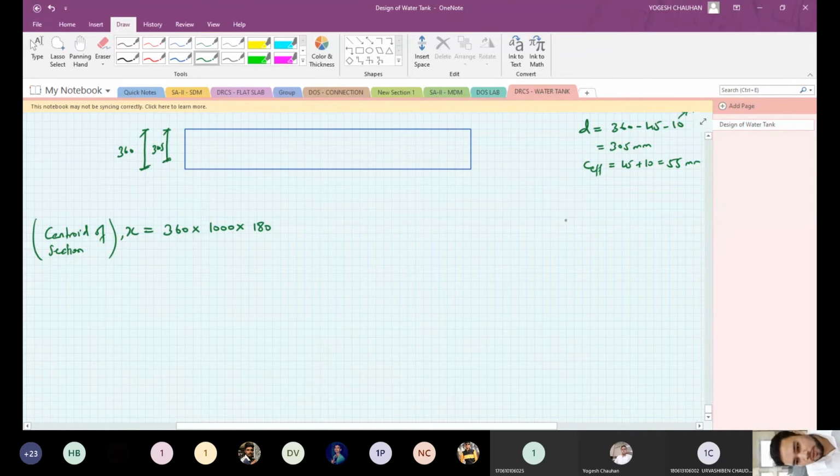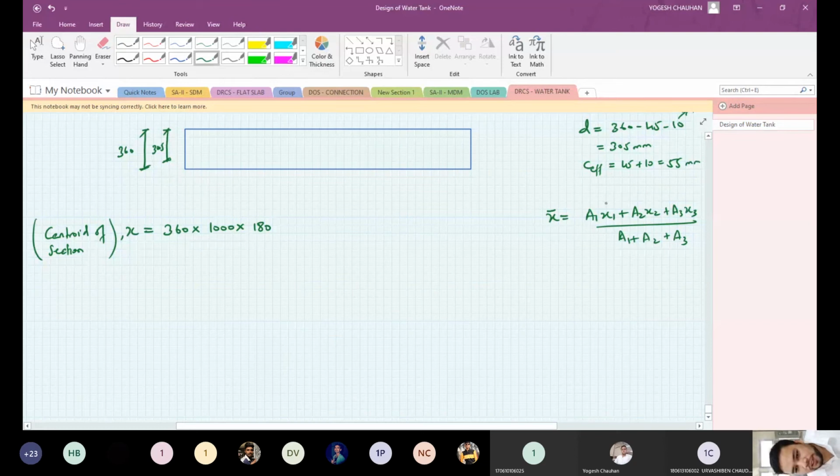If you remember, the centroid of the section is equal to a1 x1 plus a2 x2 plus a3 x3 divided by a1 plus a2 plus a3. Here a1 is the entire concrete section, a2 is the steel on the tension face, and a3 is the steel on the compression face. Accordingly we can find.